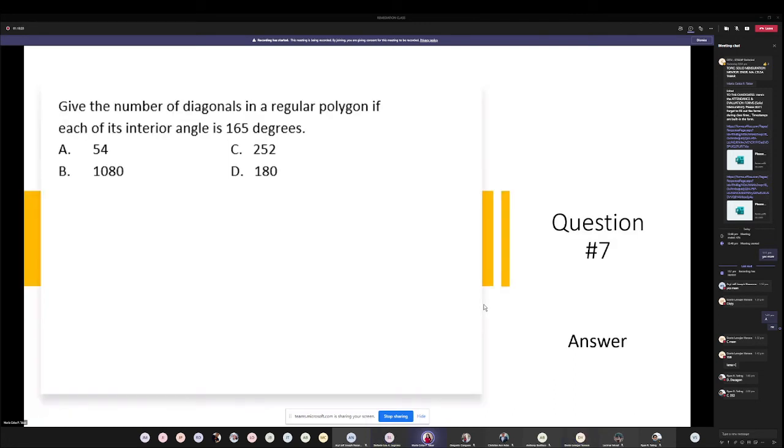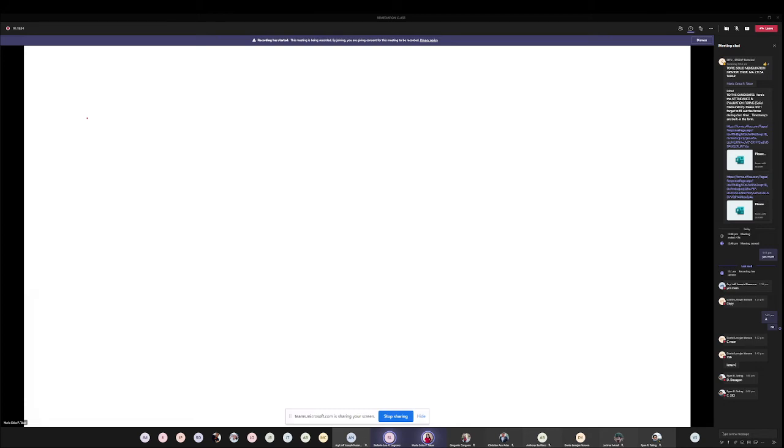Anyway, so that was number one. The number of sides is 24, right? So solve for the number of diagonals. We got 24 for the value of n. So the number of diagonals would be n minus 3 times n over 2. So it's 24 minus 3 times 24 over 2.